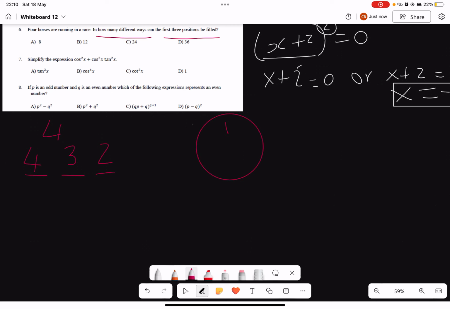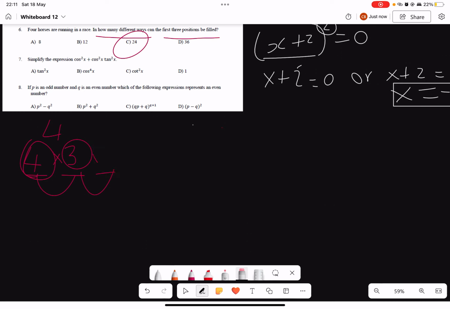Let's say it's horse 1, horse 2, horse 3, horse 4. Here, to fill this position, I have 1, 2, 3, 4 options, right? But after that, it means I took 1 out there. So I'm left with 3 options to fill in here. Then you have to multiply this together. So 4 times 3 is 12, times 2 is 24. So the correct option is C.